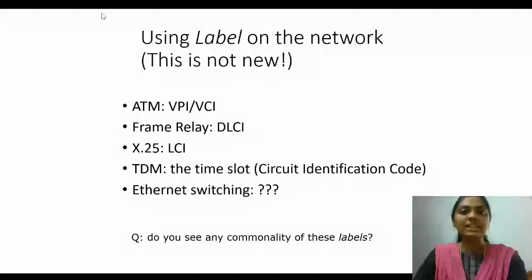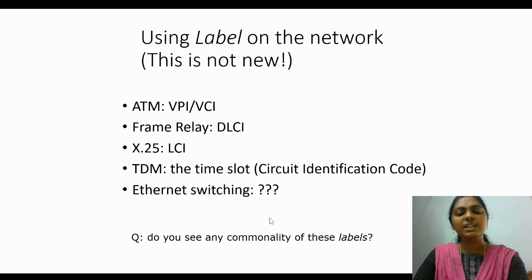In ATM, for example, there are values called VPI and VCI, which are the virtual path identifier and virtual circuit identifier. In Frame Relay, there is DLCI, the data link connection identifier. And in the X.25 protocol, there is LCI, which is the logical channel identifier. And in TDM, there is the circuit identification code.